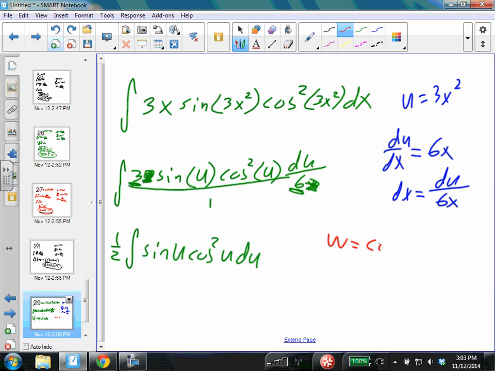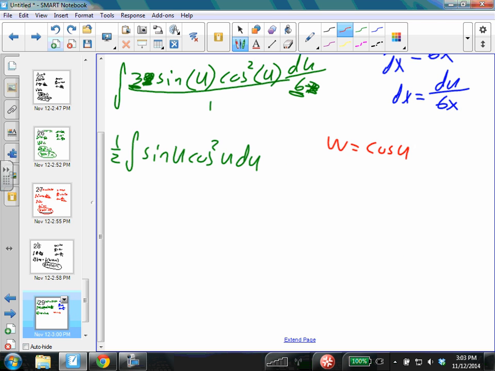So cosine of u is what we're picking to be our w, because you just want the inside. You don't want the whole thing. So the change in w with respect to u would be what? Negative sine u.